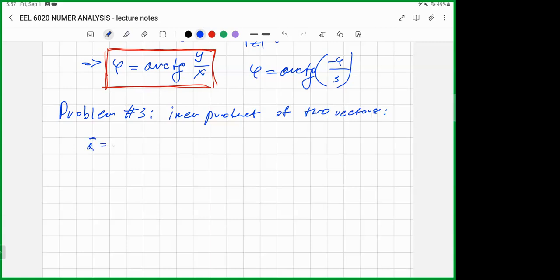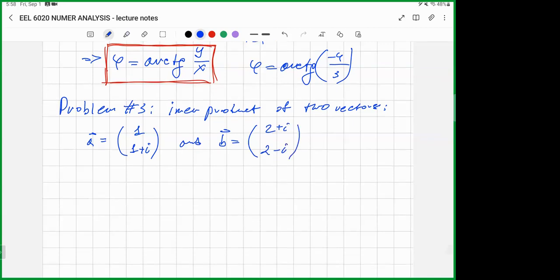Let's pick one vector A to be 1 and 1 plus i. So the first component, or x component, is 1. The second component is 1 plus i. And B, let's make it 2 plus i and 2 minus i.